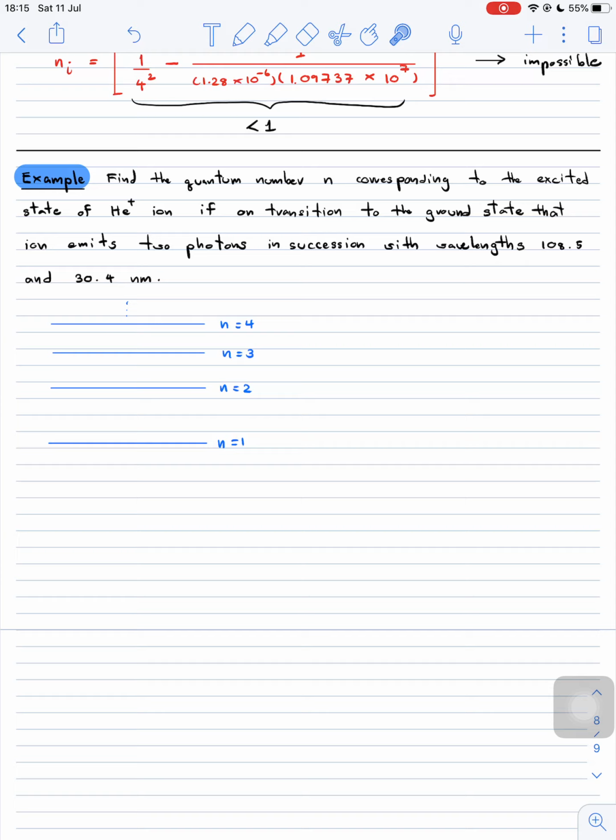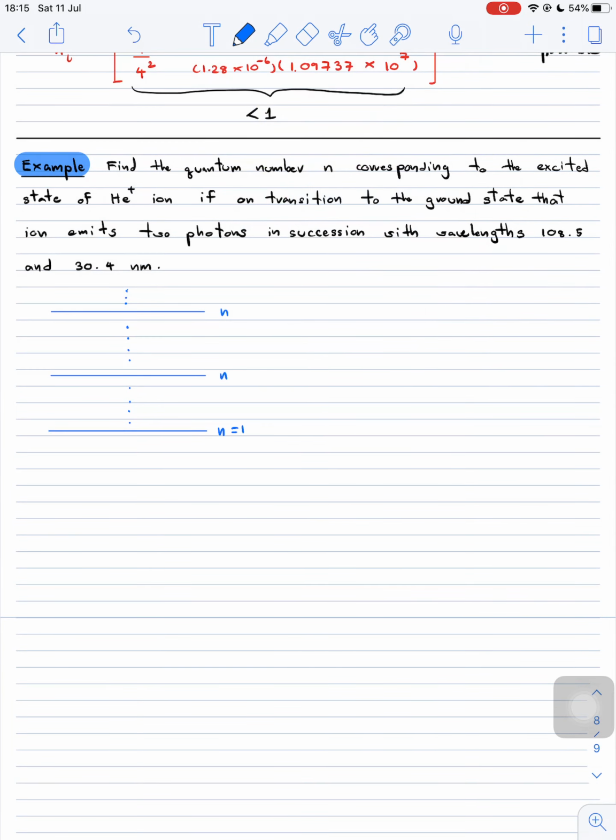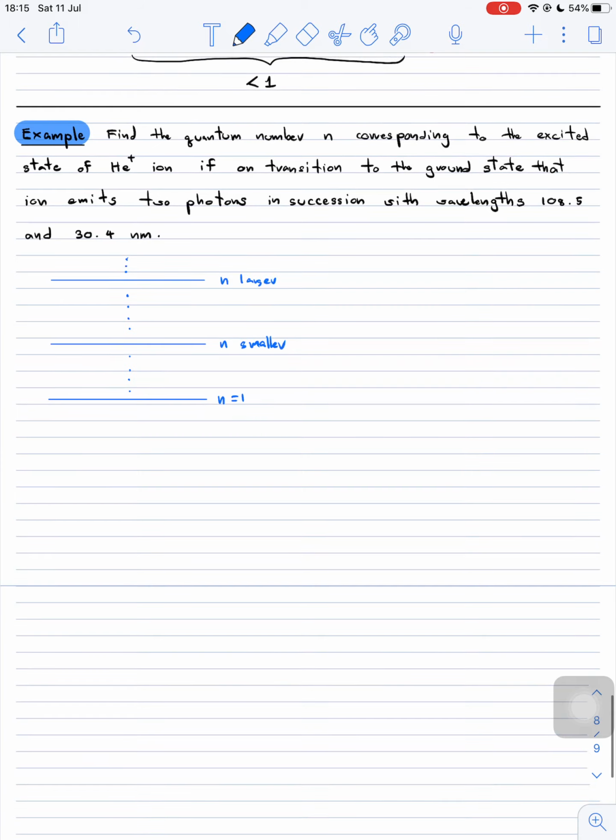So let's say any n. Okay, this is n larger, n smaller, and n equal to 1, like this.